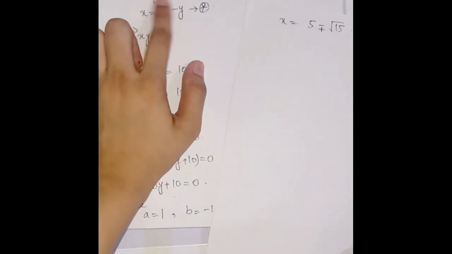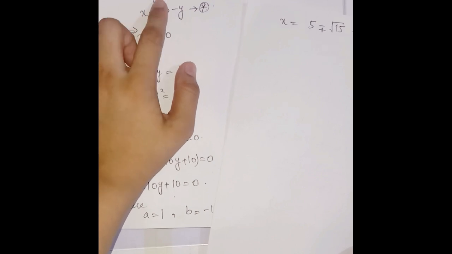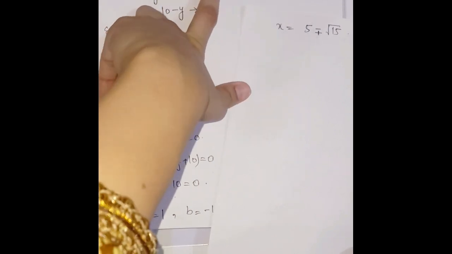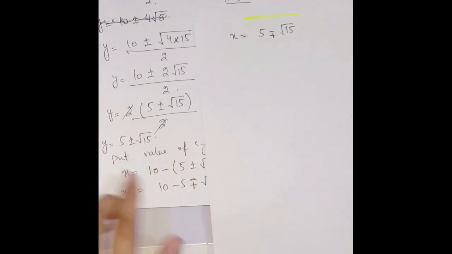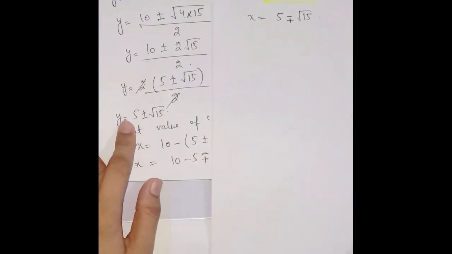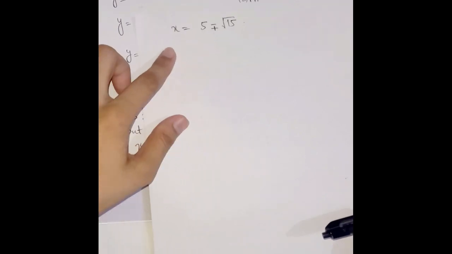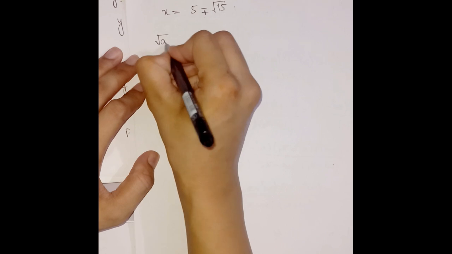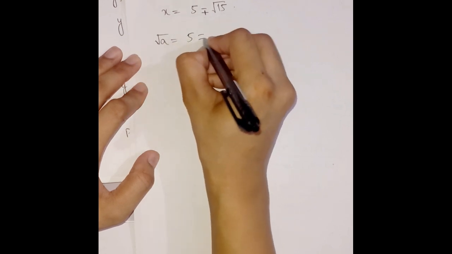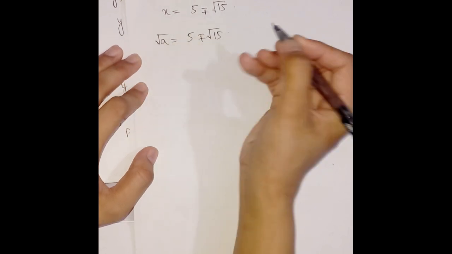But then you can see the statement here, I supposed x and y to be the square root of a and square root of b. So I'm going to put the values of x and y one by one. For this one, if I put here the value of y, first of all, square root of a is equal to x. That means square root of a is equal to 5 minus plus square root of 15.